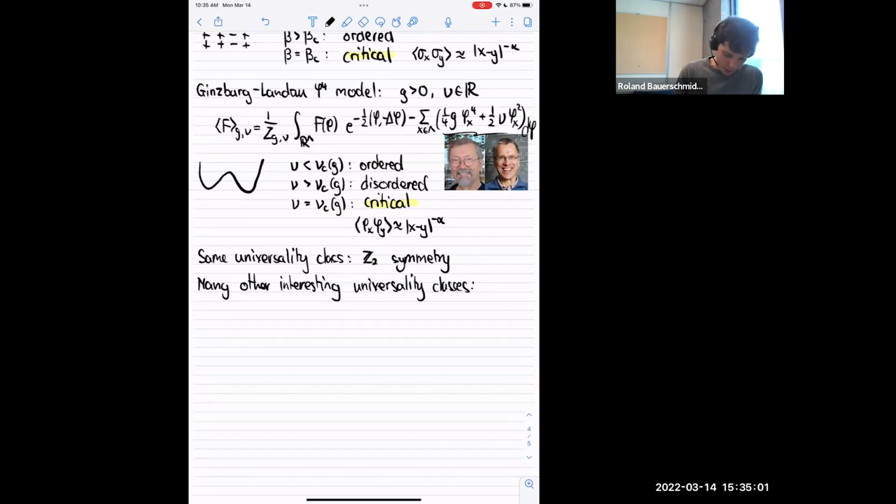So, for example, there are the Potts models where Z2 gets replaced by the symmetric group Sn, or the On models, or classical Heisenberg models, and others.